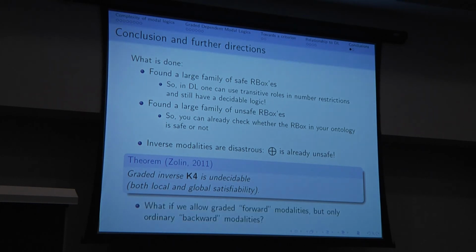And here a minor point is that if we allow counting over successors, but do not allow counting over predecessors, only saying there exists a predecessor or for all predecessors, but not counting at least 3, at most 5, will the logic be decidable? And this is practically useful because in many applications we need to count successors but not predecessors.